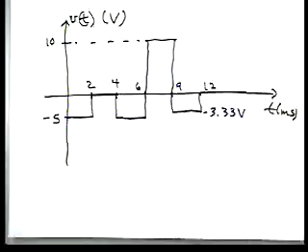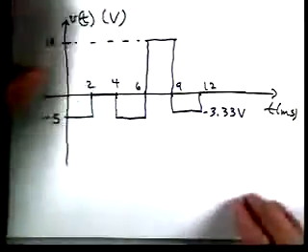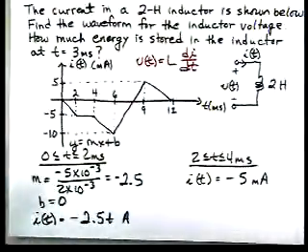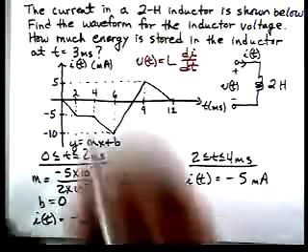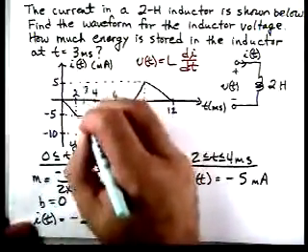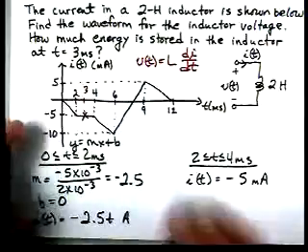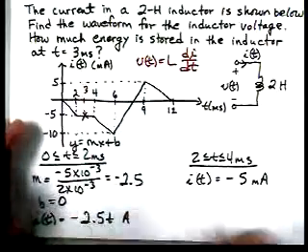Now we've got one last calculation to make, and that's the energy stored in the inductor at t equals 3 milliseconds. If we look at our waveform and look at where 3 milliseconds is and read down, that tells us the current is minus 5 milliamps.